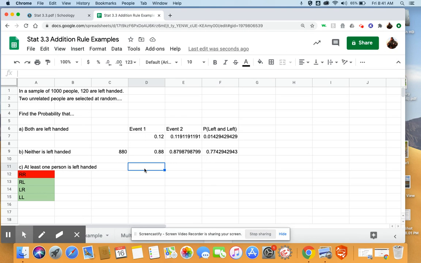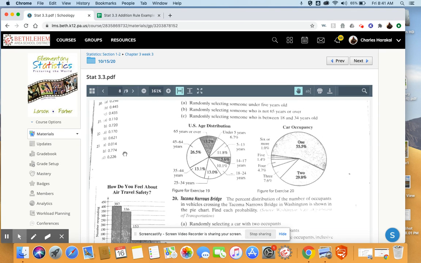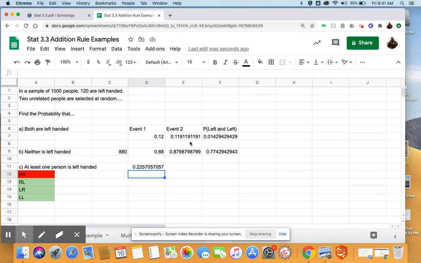So our answer here is just going to be to take 1 or 100% minus the number we found for two right-handed people in part B, 0.225226 if we round that to 3 decimal places, which we go back and double check is our correct answer. So the reason this threw everyone off was because it was an addition rule question. Don't forget, at any point in time, you can be asked about any previous topic you've been learning about in this course.